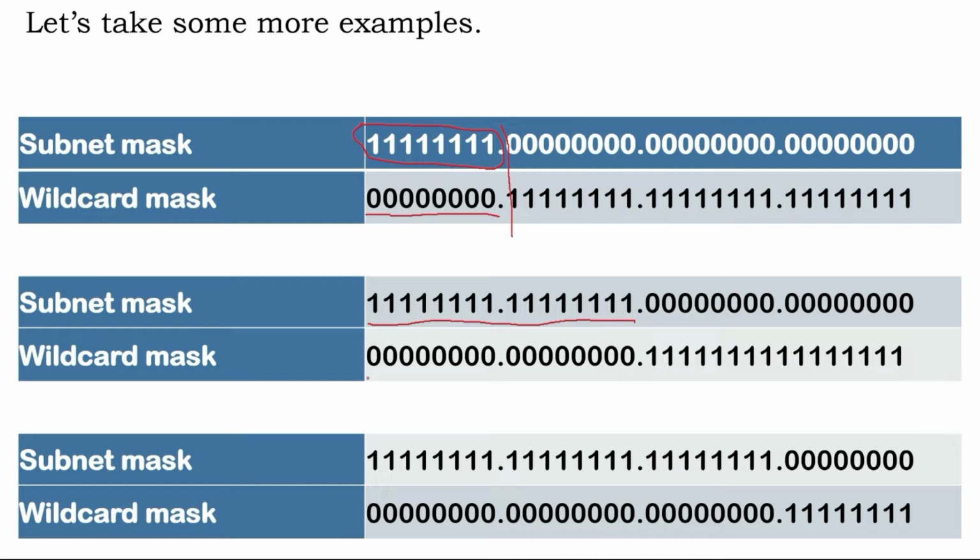So we place zeros in the first and second bytes of the wildcard mask. Same way, in this subnet mask, we have ones at the first 24 places. So we will change the first 24 bits to 0 in the wildcard mask.